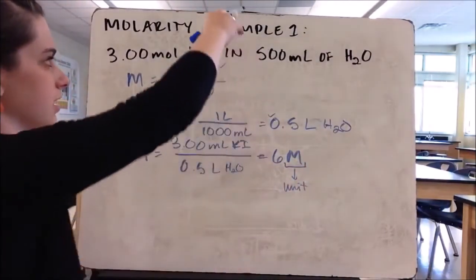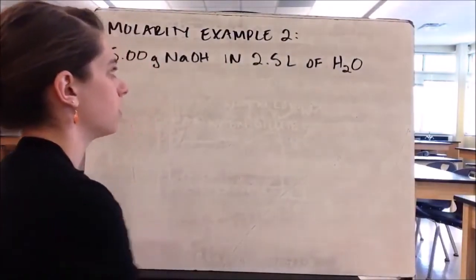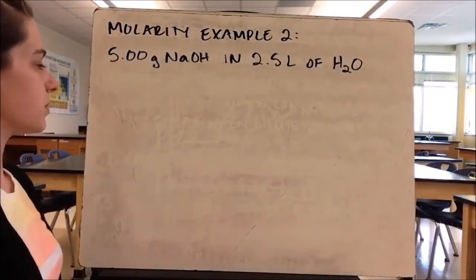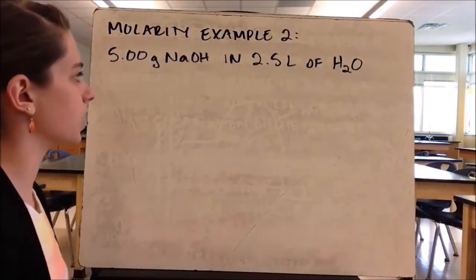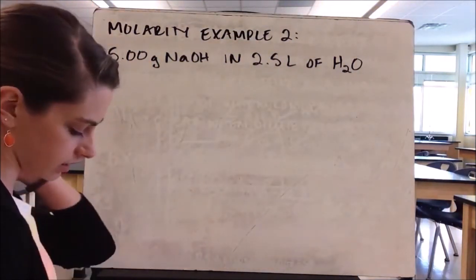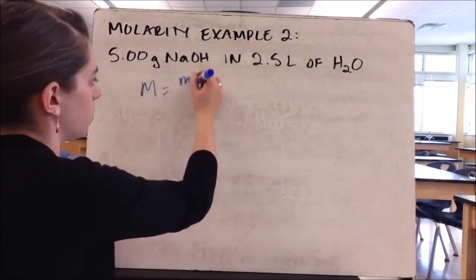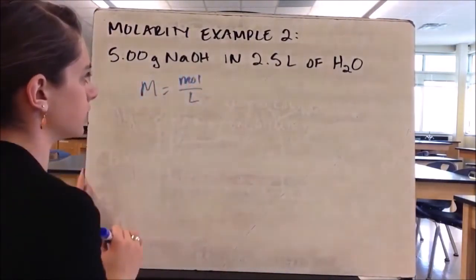Okay, let's look at a second example. Our second example says we're dissolving 500 grams of sodium hydroxide in 2.5 liters of water. So if we want to calculate the concentration of this, same thing. Molarity is equal to moles over liters.